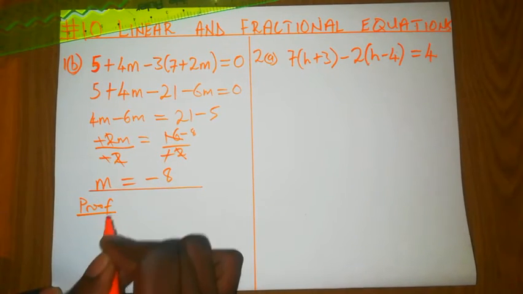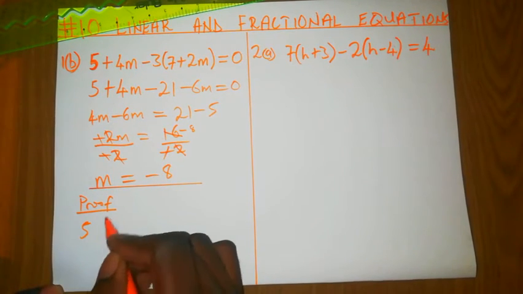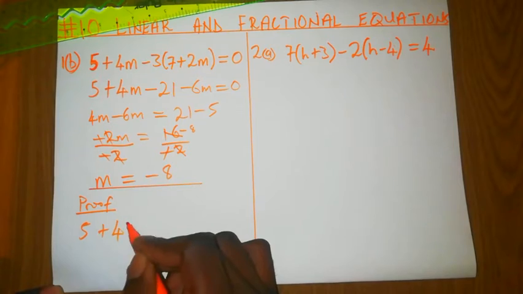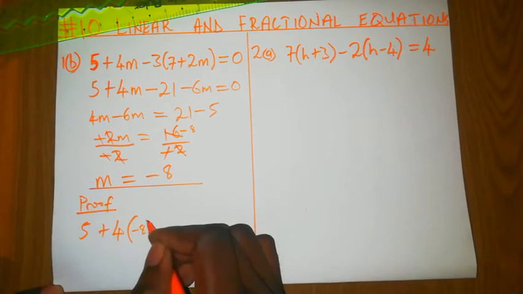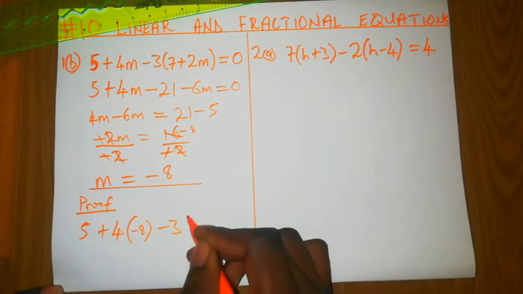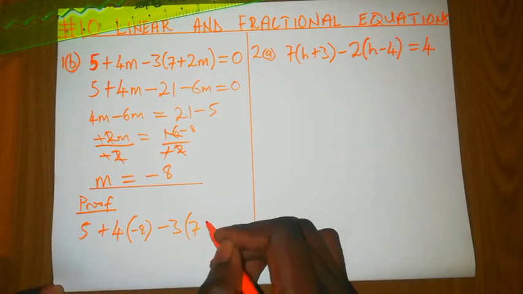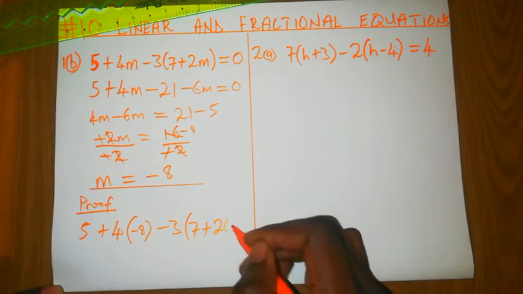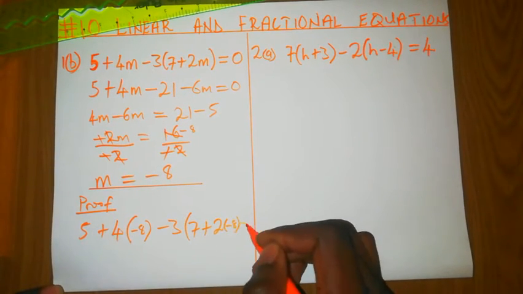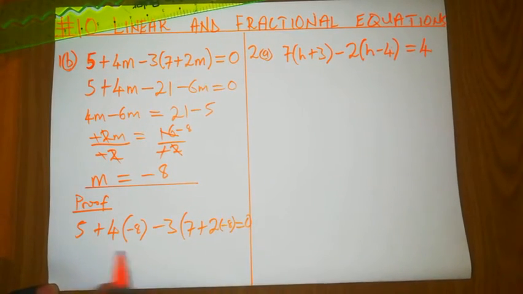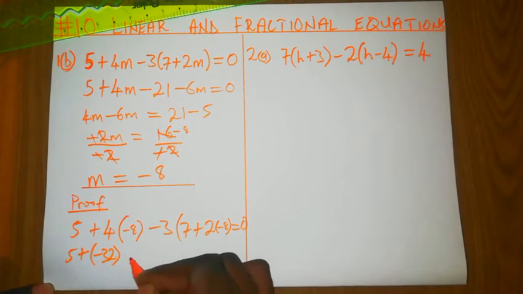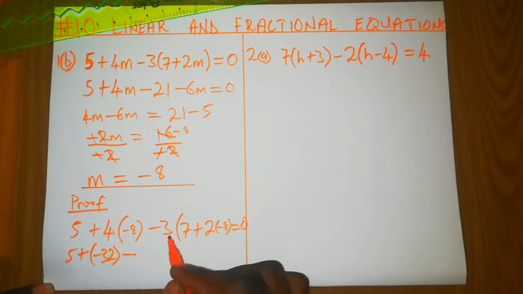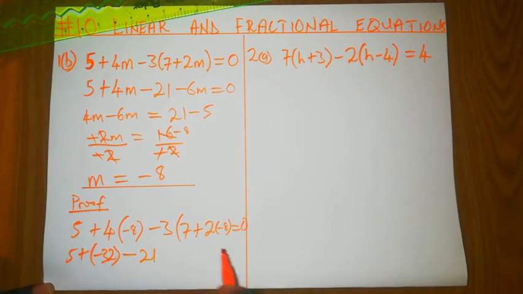So in this case, you want your proof here. So it's 5 plus 4, instead of putting this m, I'm going to put the value of m, negative 8, minus 3 bracket 7 plus 2 bracket negative 8 is equal to 0. I'm proving here. So that's now 5 plus minus 32 minus, in this case it's minus 21.